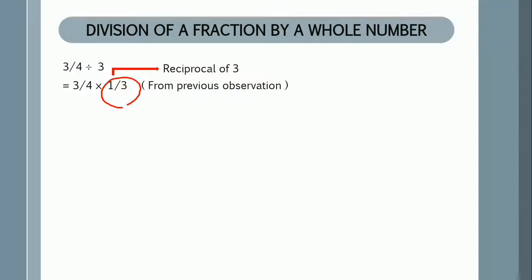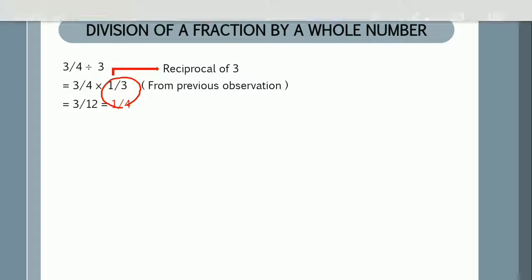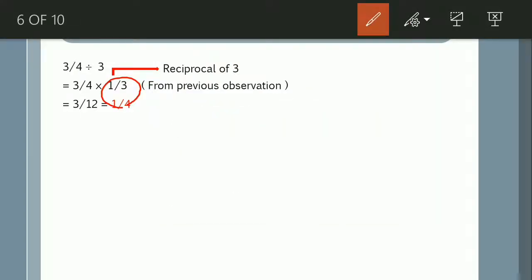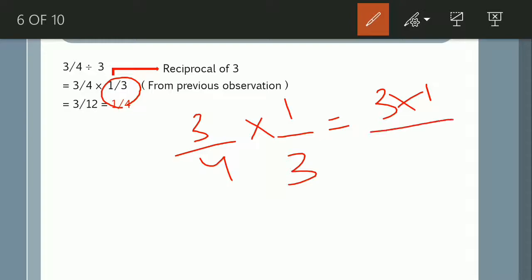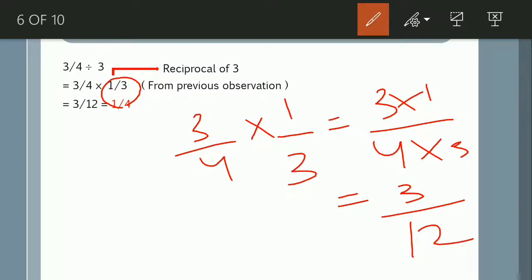Then what we get? 3 by 12. How it is happening? 3 by 4 into 1 by 3, 3 into 1 by 4 into 3. That means 3 by 12. And when we simplify it, we get 1 by 4. Okay. Yes.